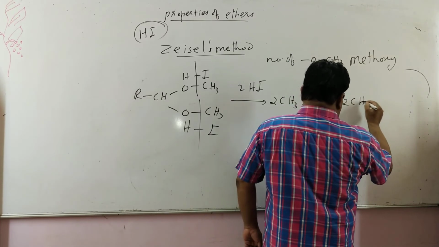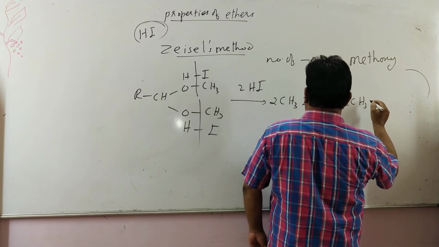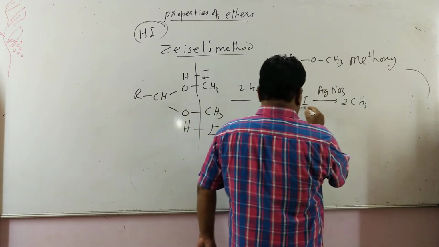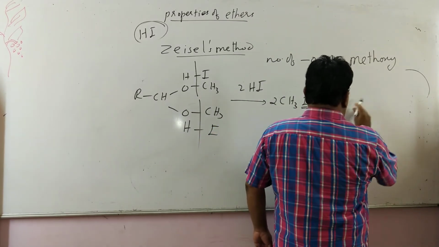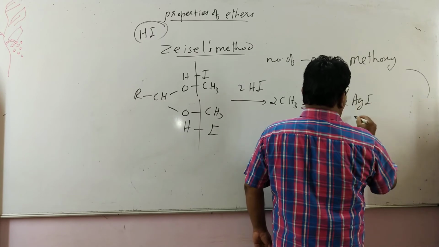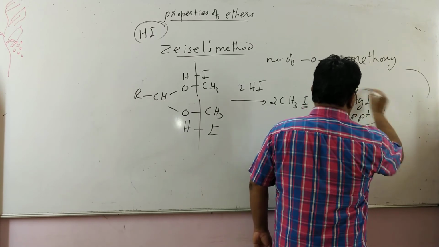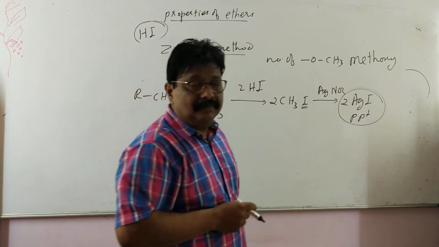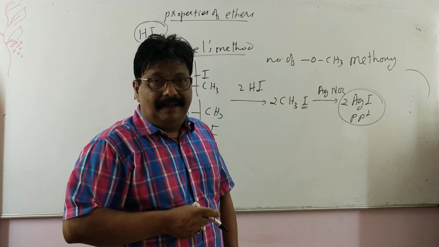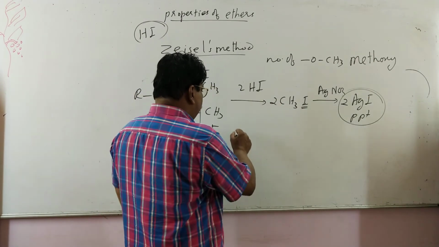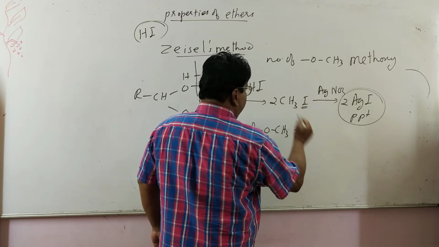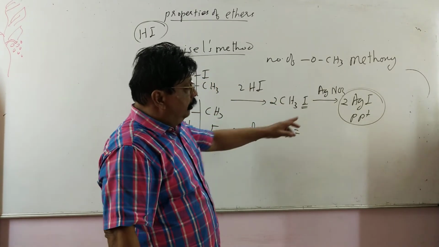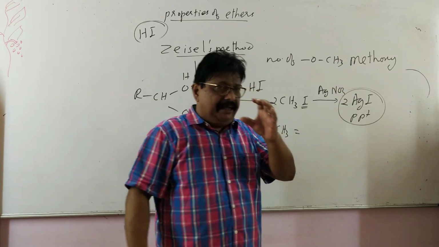So we will get the precipitate of this one here, AgI. 2 moles will be precipitated here. So for the number of methoxy groups, they got 2 AgI as precipitate.